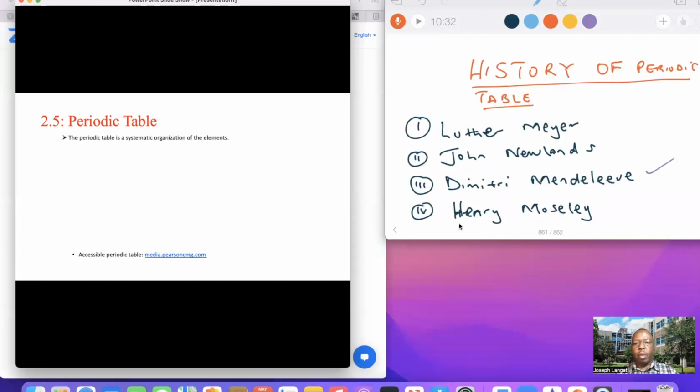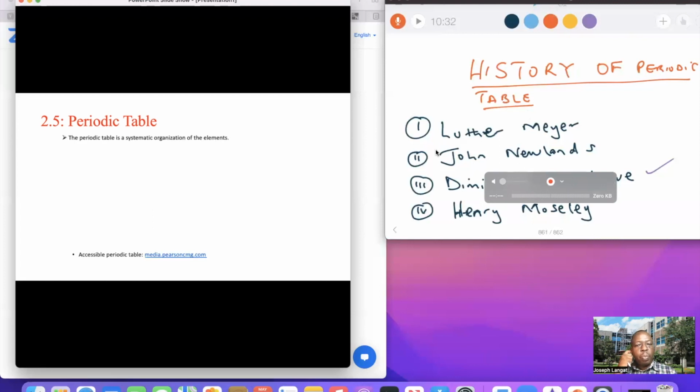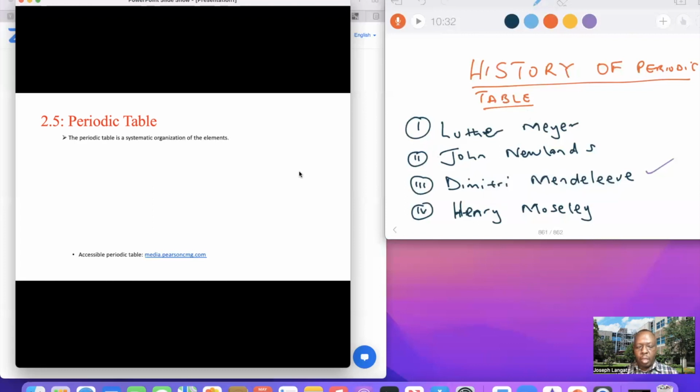There is some discrepancy in terms of the masses. So all these personalities contributed towards the development of the periodic table. Please distinguish them from those we looked at previously in terms of the development of atomic theory, the law of mass conservation, the law of definite composition, and so forth.